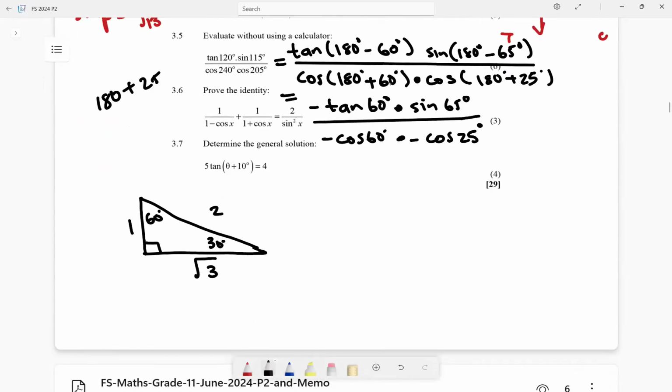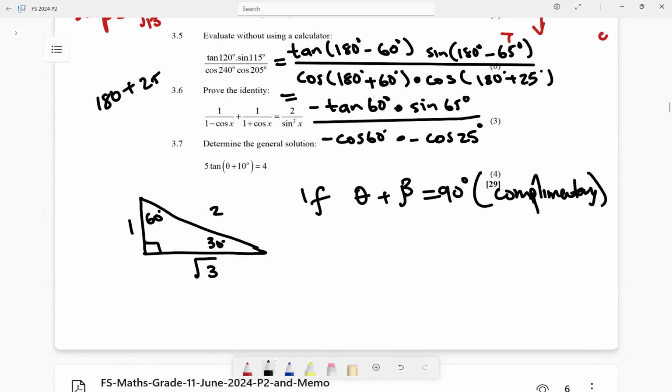But yes, I want to teach you something, okay? If alpha plus beta is equal to 90 degrees, we say these two are complementary. If these two are complementary, then sine of this angle is equal to cos of that angle.